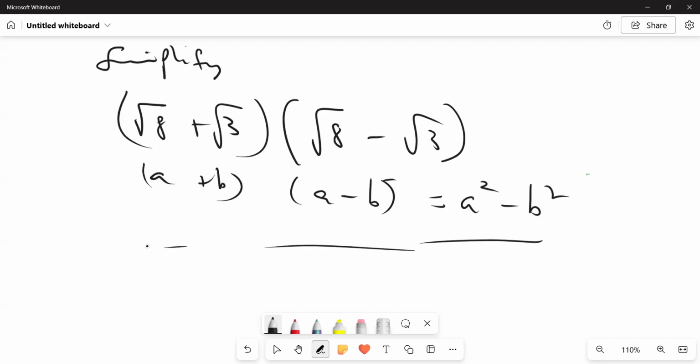So basically it's going to be 8 minus 3, which is 5. Is that right?